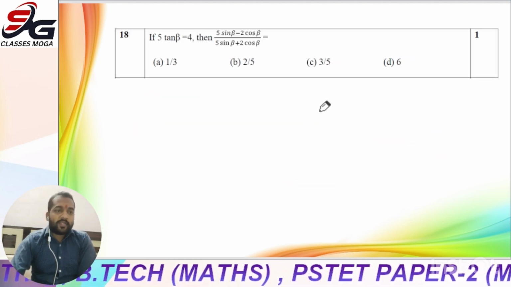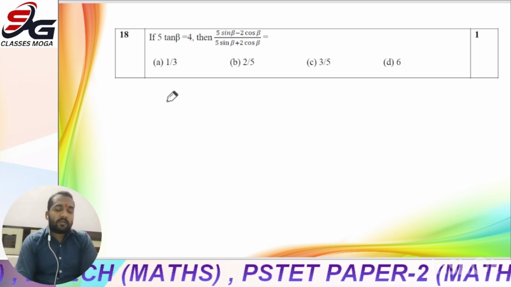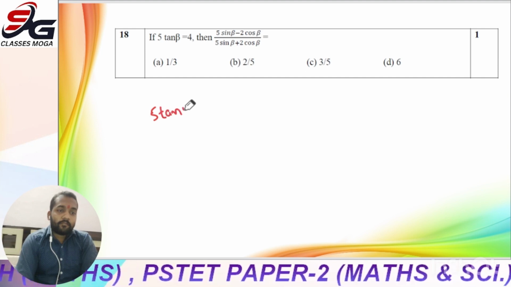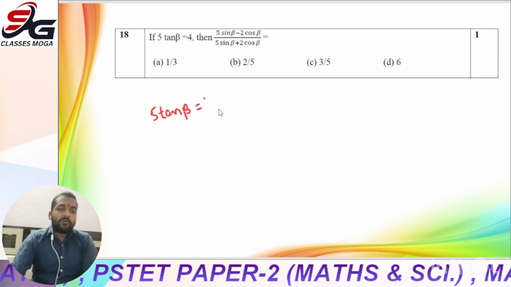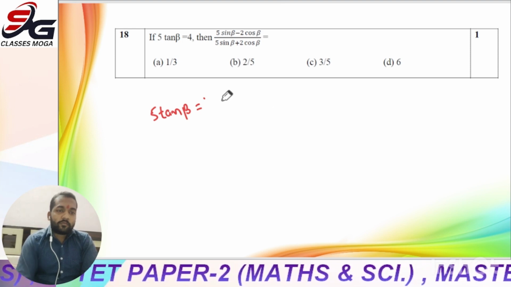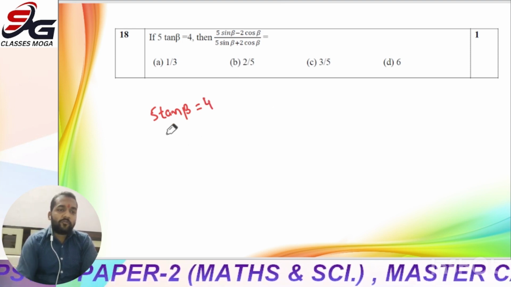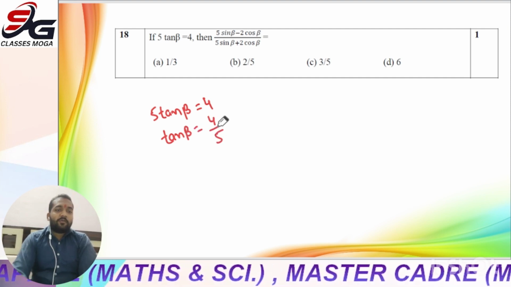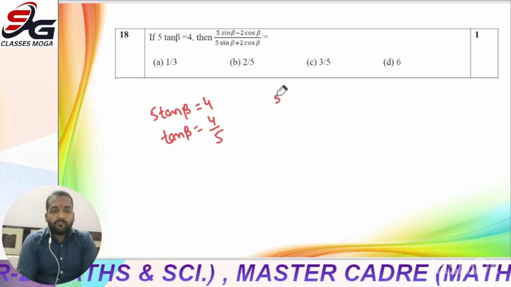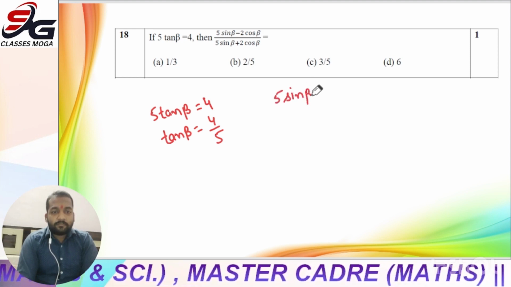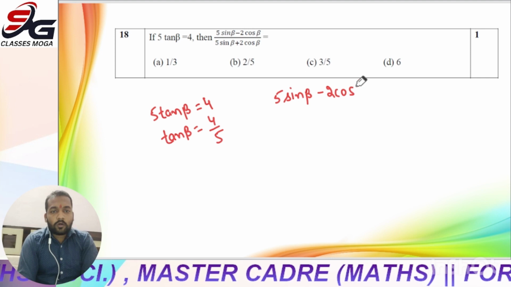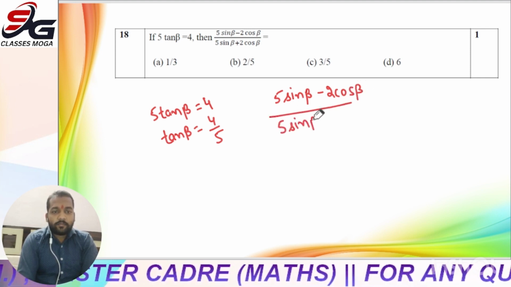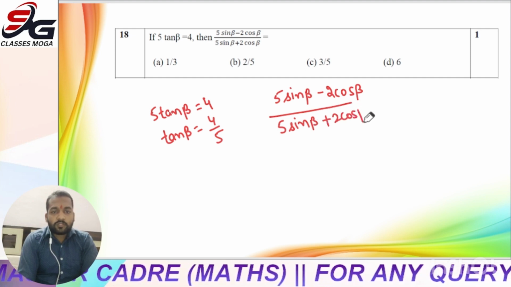So next question, students. If 5 tan beta is equal to 4, it means your tan beta is equal to 4 by 5. Then what is the value of (5 sin beta minus 2 cos beta) over (5 sin beta plus 2 cos beta)?